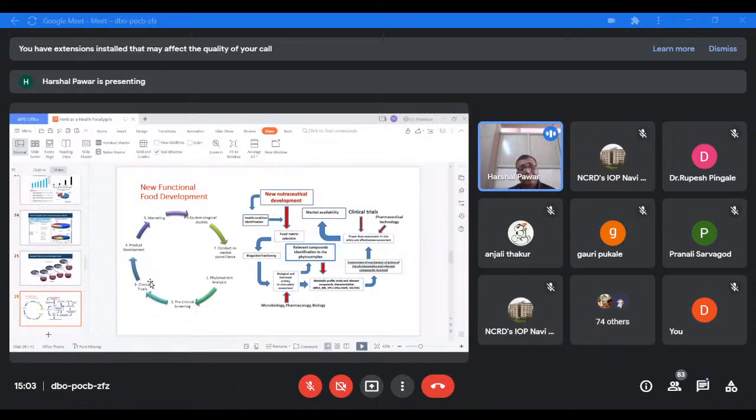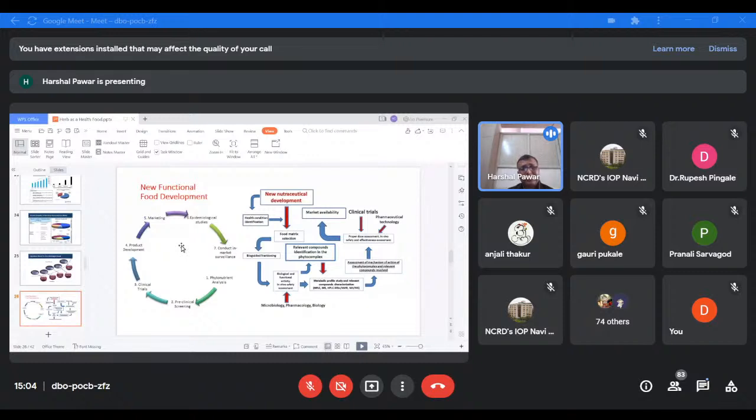After successful completion of preclinical and clinical studies, you can prepare its stable and rugged formulation. And this formulation, you need to assess, you need to check its stability, right? And then you can submit the data to the regulatory agencies. And after getting approval from the regulatory agency, you can market such a product, right?